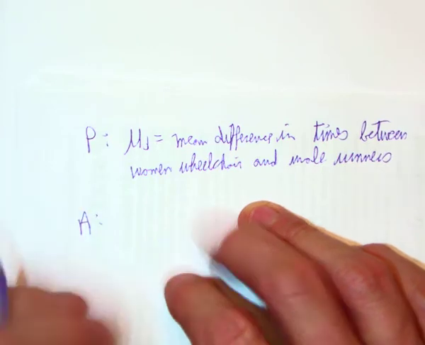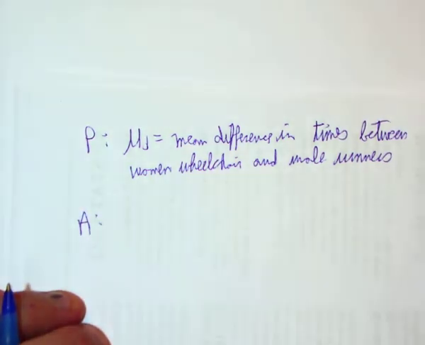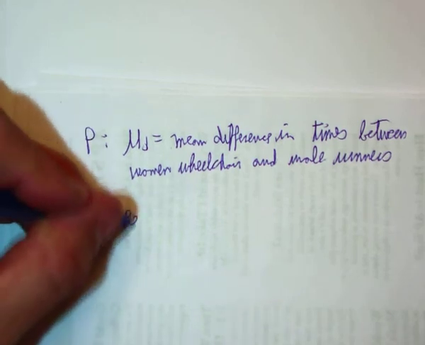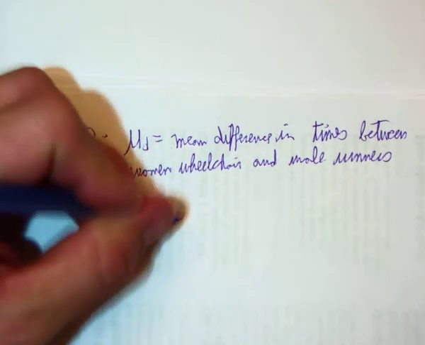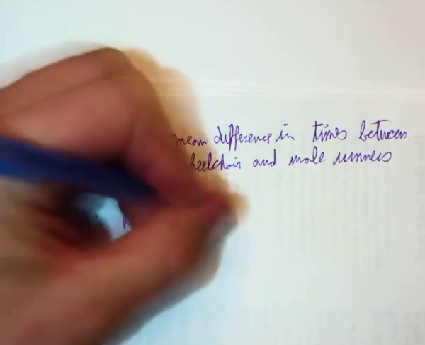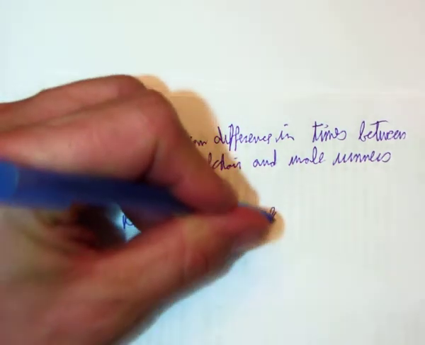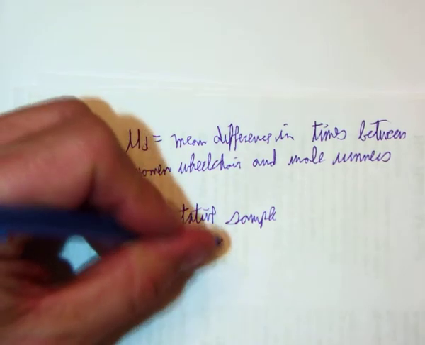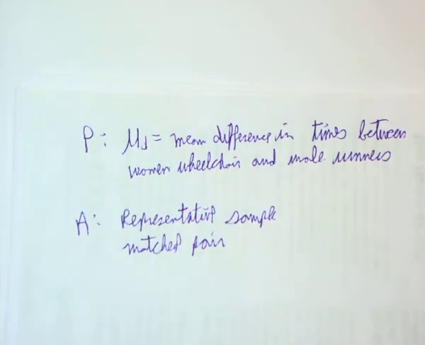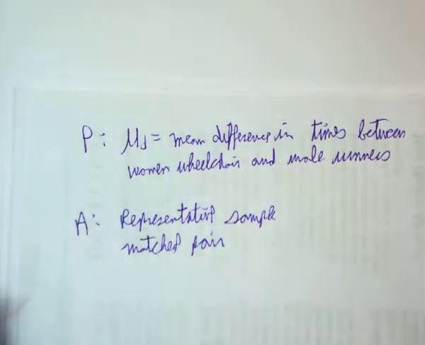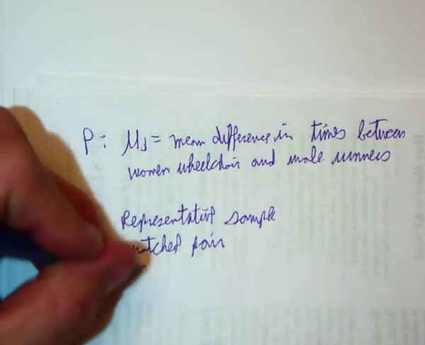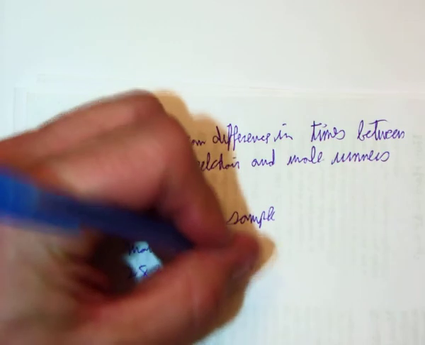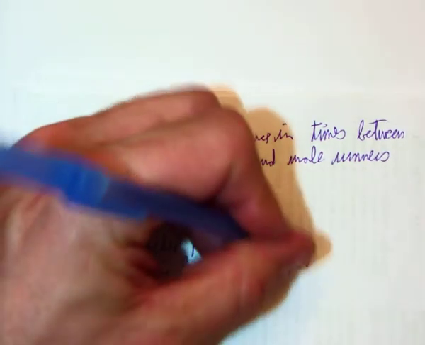The assumptions and conditions here. Is this a random sample? No, it's not random, but it's representative. So this is a representative sample. This is a matched pair. It's not independent samples. 28 is less than 10% of all samples.